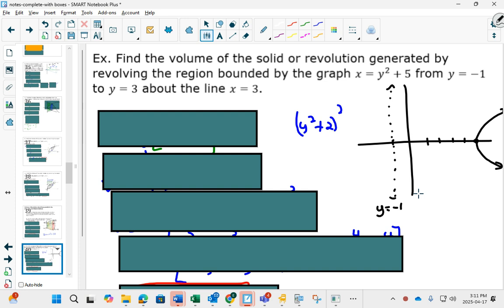So our parabola looks like this. And we want to go from y equals -1 all the way up to 3, 1, 2, 3.